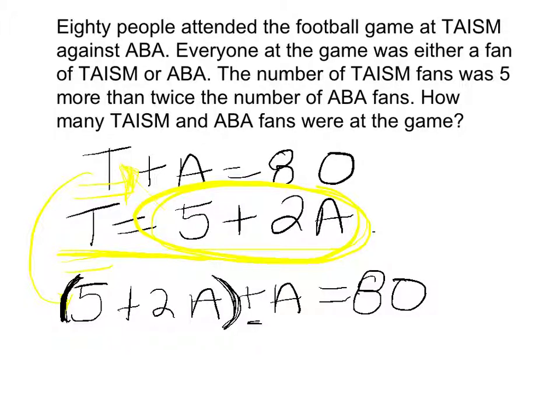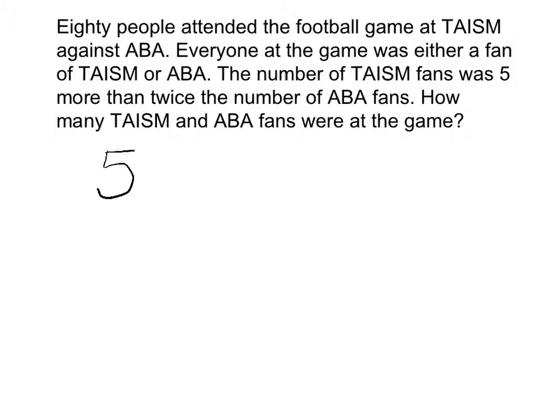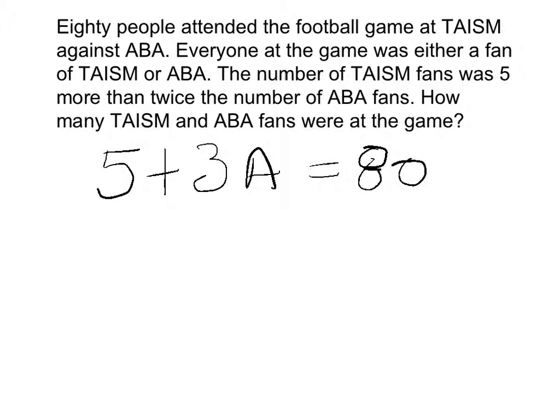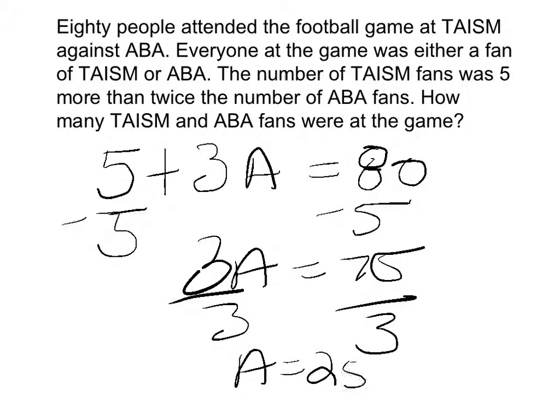Let's continue solving. 5 plus 3a is equal to 80. So we're going to subtract 5, and we have 3a is equal to 75. Divide by 3, and a is equal to 25.